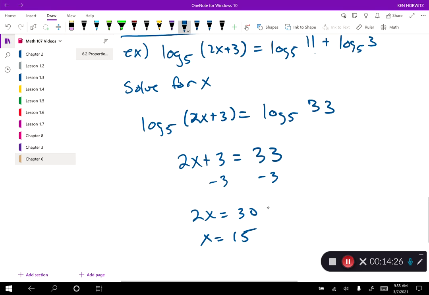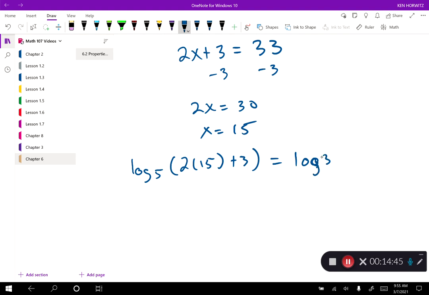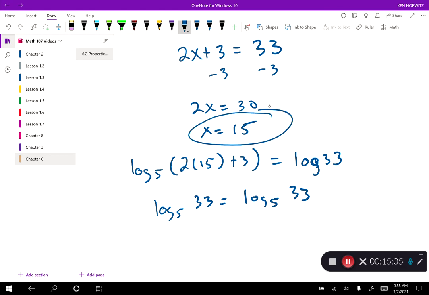So we use our original equation and I can say the log base 5 of 2 times 15 plus 3, the log of 33, right? 2 times 15 is 30, plus 3 is 33, so I have the log base 5 of 33 equals the log base 5 of 33. And that most definitely is a true statement. So x equals 15 is validated as a solution.